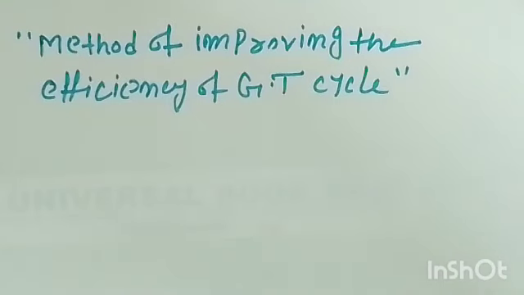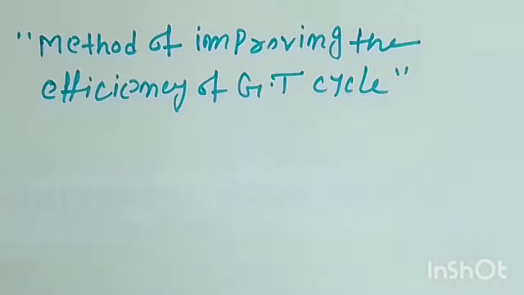Some of that work is supplied to the compressor to run the machine, and the remaining work is utilized for power generation. Then the exhaust gases are released into the open atmosphere if it is an open cycle, and if it is a closed cycle, the exhaust gas returns to the compressor by means of a heat exchanger. That is the general layout and working principle of any gas turbine cycle.